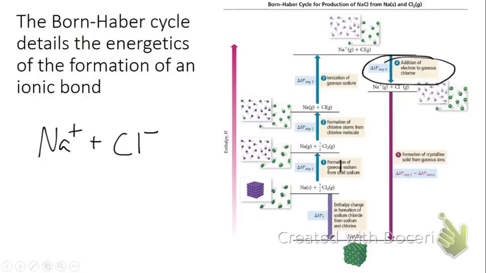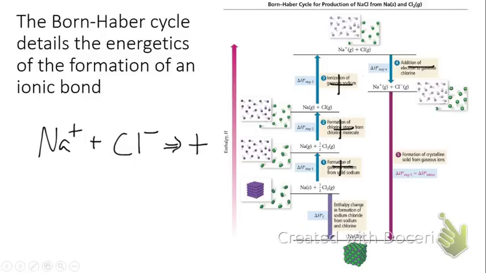And as you can tell, this is a plus, this is a plus, this is a plus, this is a minus. So we have 3 pluses to 1 minus. If it was just about making the ions, you would get a positive delta H, so it would be endothermic. But I told you that it's very highly exothermic when you form an ionic compound.